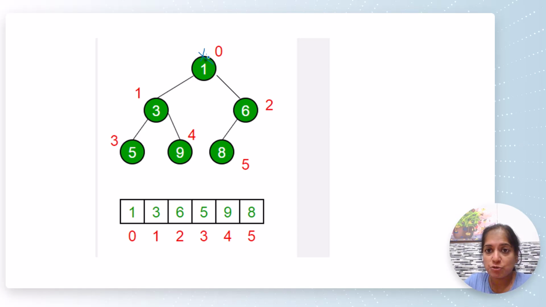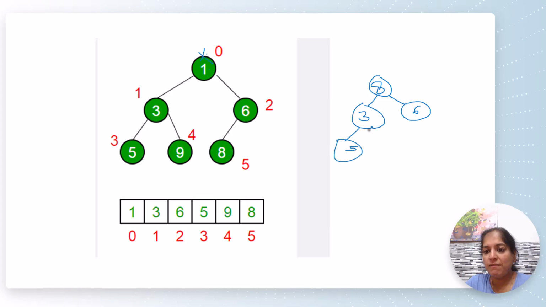Now there has to be a root in the tree. So the last element of the heap is put as the root of the heap. So your heap becomes 8, 3, 6, 5 and 9.